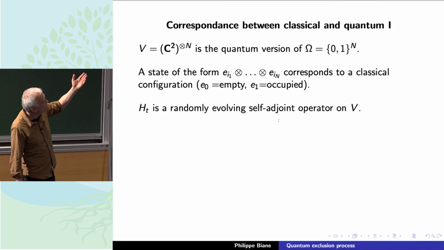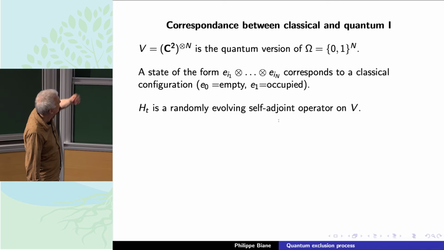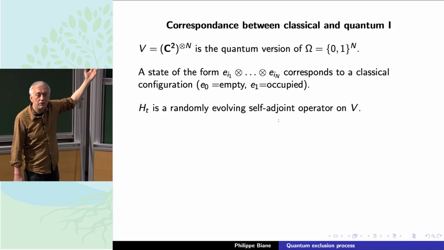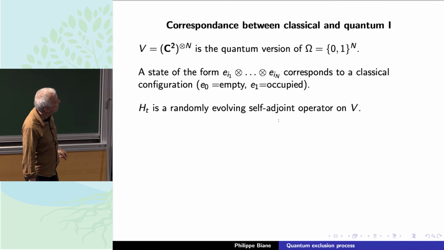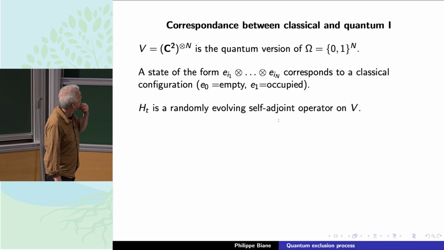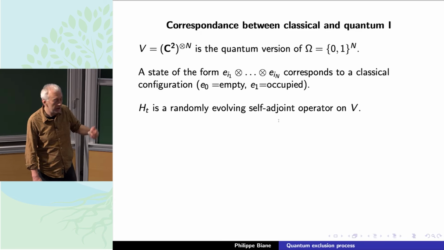Each C2 has a basis which consists of E0 and E1. E0 corresponds to an empty site, E1 to an occupied site, and a product state corresponds to a classical configuration in some sense. Okay, so HT is a self-adjoint operator which evolves randomly.